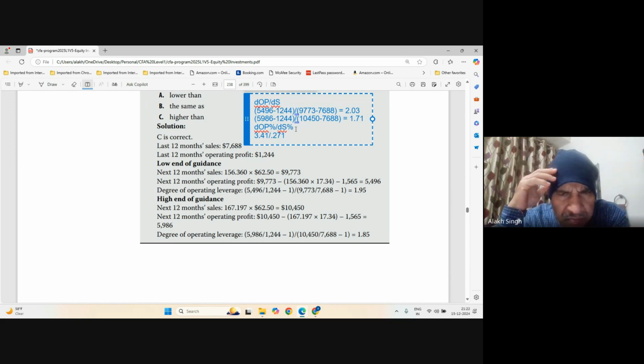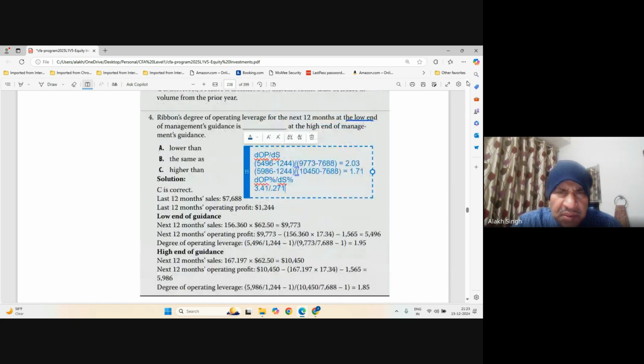Next 12 months sales. How did it calculate? 97 minus 5495 operating profit. Okay. So degree of operating leverage is 5496 divided by 1244 minus 1, and minus 1. So it is percentage change.